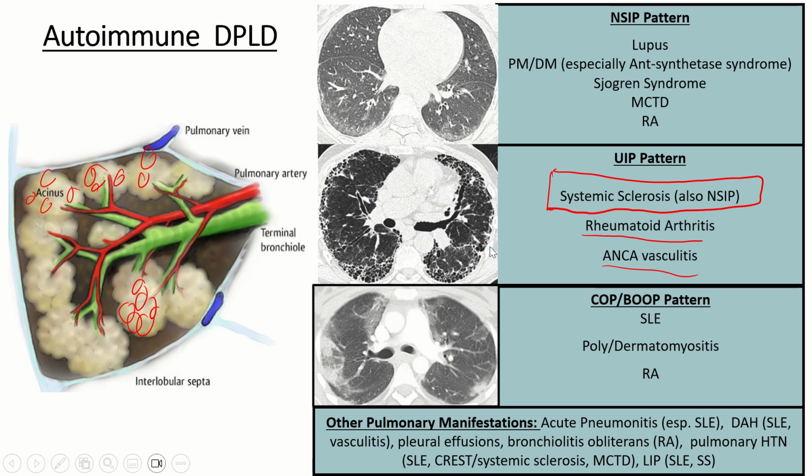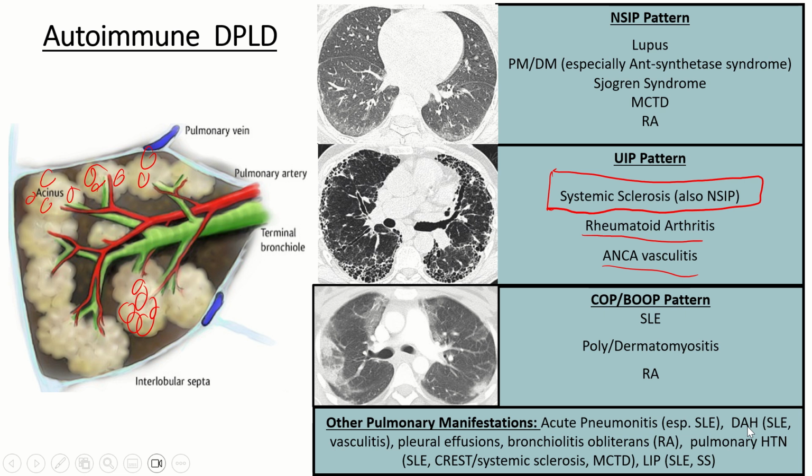Treatment for these is really going to be treatment of the underlying autoimmune disorder. But remember, there are a lot of other manifestations due to autoimmune diseases. SLE can cause acute pneumonitis, which will basically look a bit like pneumonia. If it's not treated quickly with steroids, it can lead to a lot of increased mortality. Same thing with diffuse alveolar hemorrhage. These patients may have pulmonary renal syndrome secondary to vasculitis or lupus.